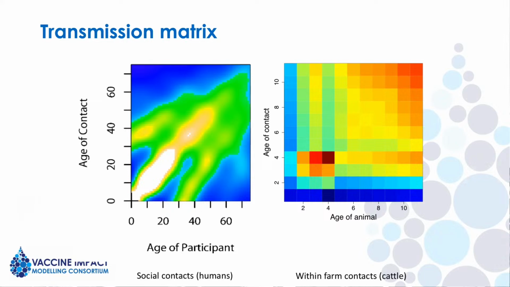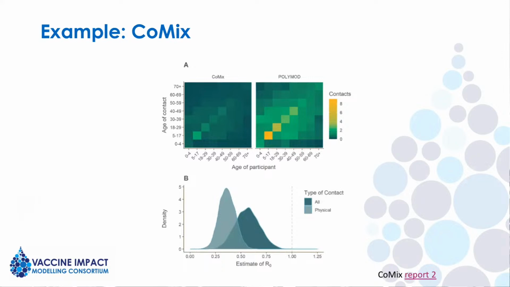This is a whole thing on its own. You might have seen some of this when modelling COVID, because people's contacts changed. They changed over time and with different interventions. So this matrix, this picture, changed quite a lot. You can see, this is one example where they were looking at the polymod matrix.